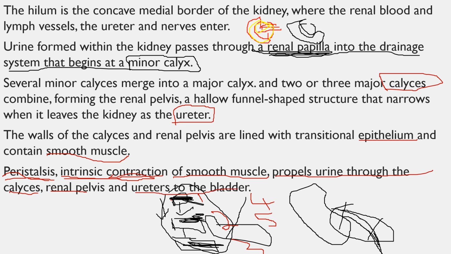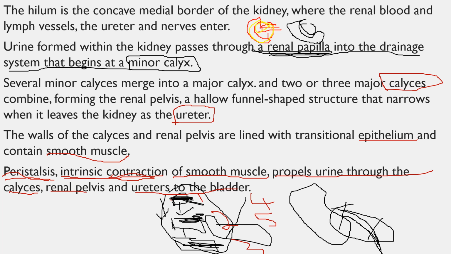So what does this mean? It means that the urine that is formed there in the renal papilla, minor calyx, major calyx, renal pelvis, ureter, the body automatically squeezes, it contracts. Intrinsic contraction means it squeezes itself inside.